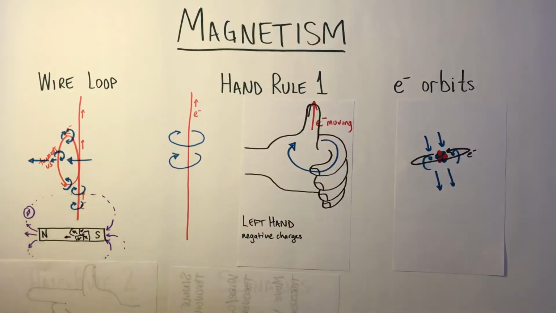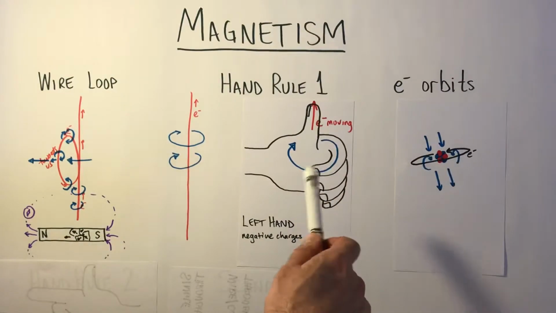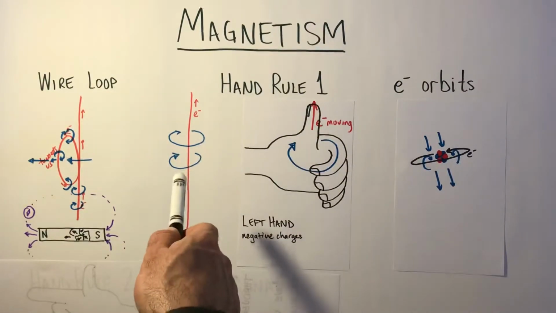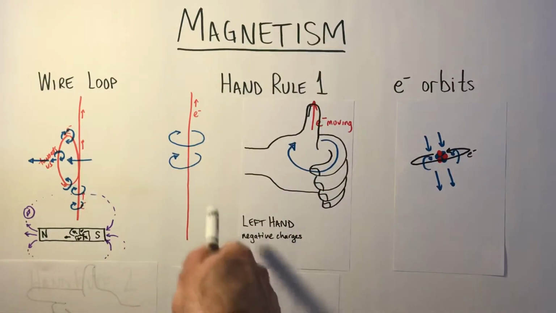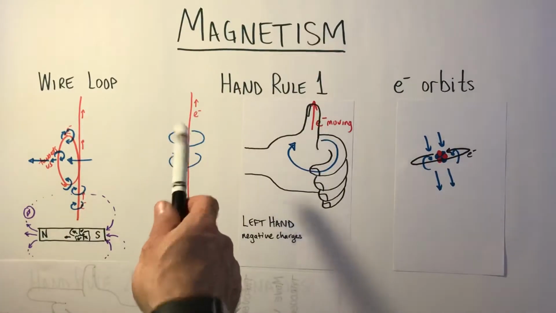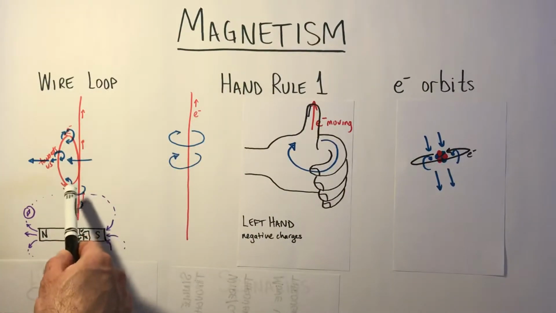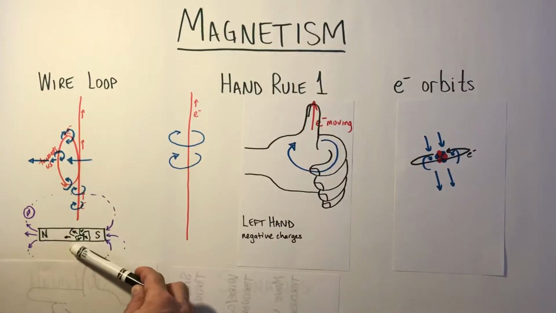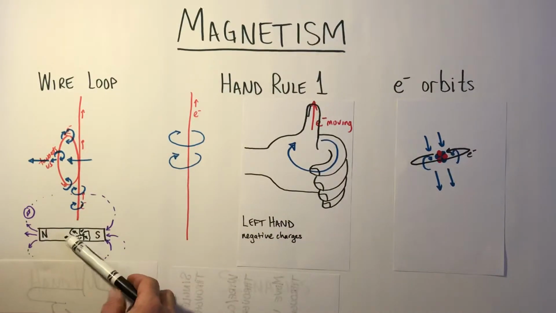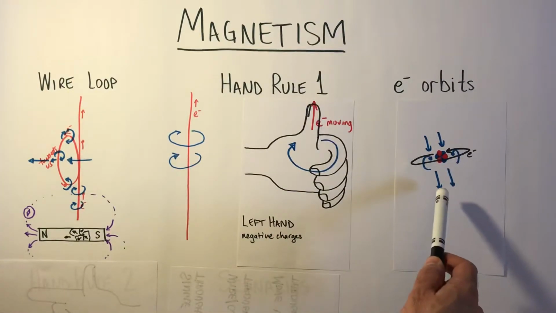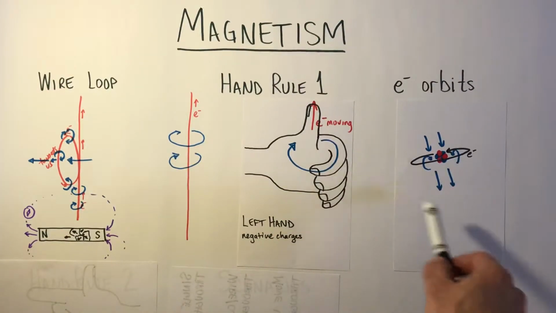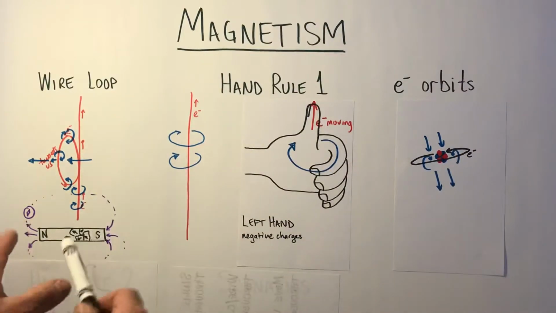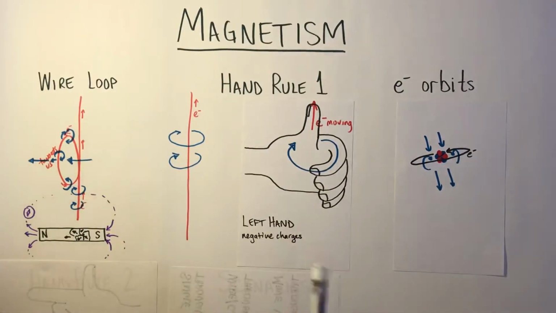So to just pause and summarize here, moving charges produce magnetic fields. We see that whether it's a single charge or a flow of electrons in a wire. Wow, that's cool. If you make a loop, it makes the magnetic field uniform like we see in a bar magnet. Oh wait, what's a bar magnet? It's the same idea. It's due to electron orbits being aligned and making the overall magnetic nature of this big magnet.